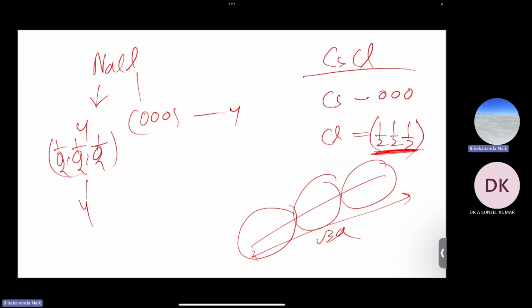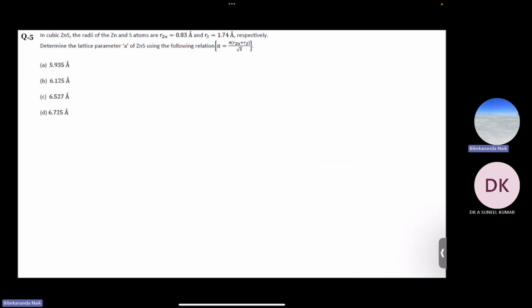So we'll go to the fifth question. The question says, in cubic zinc sulfide, the radius of zinc and sulfide atoms are 0.43 Armstrong and 1.74 Armstrong respectively. Now the slide is coming slowly.